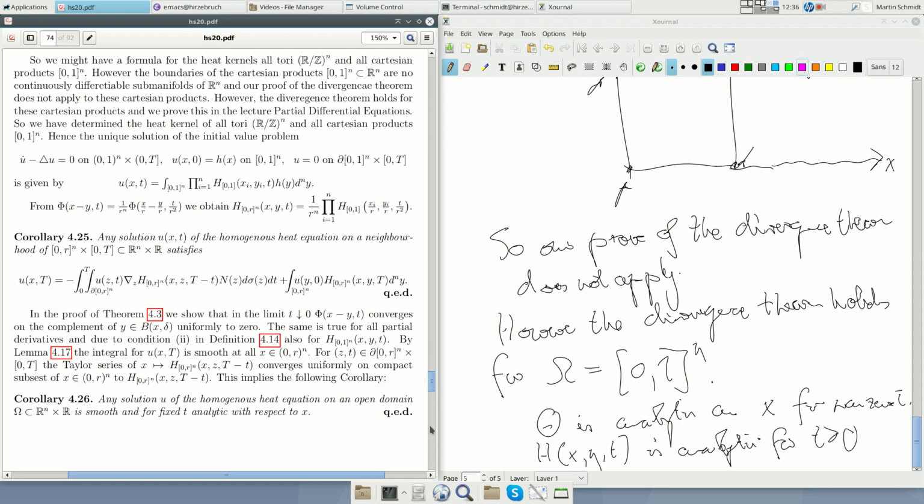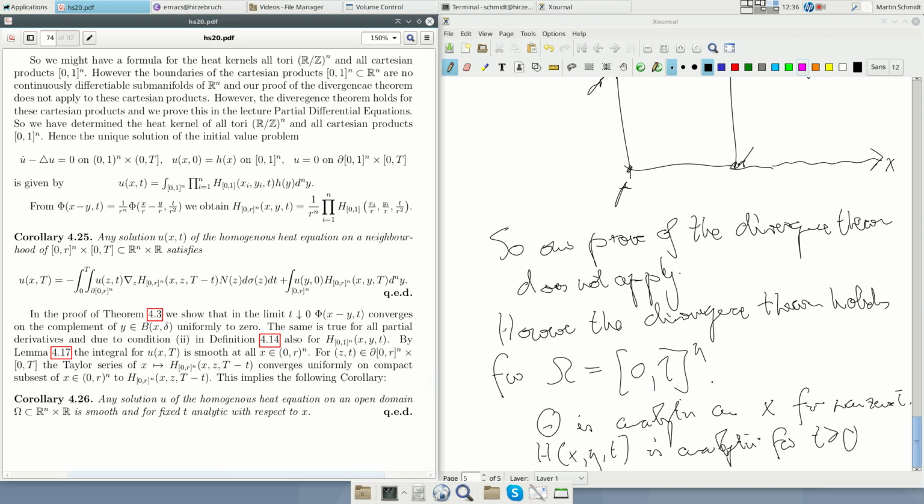And then we finally obtained an analog of Poisson's representation formula. So any solution of the heat equation on the parabolic cylinder of such a Cartesian product is completely determined by the values on the parabolic boundary.